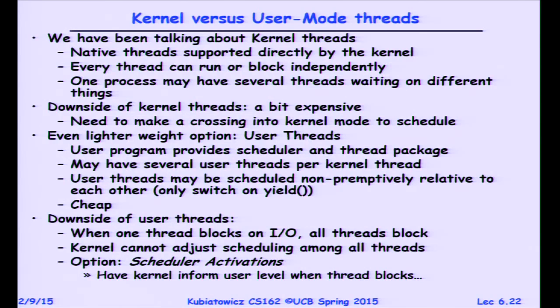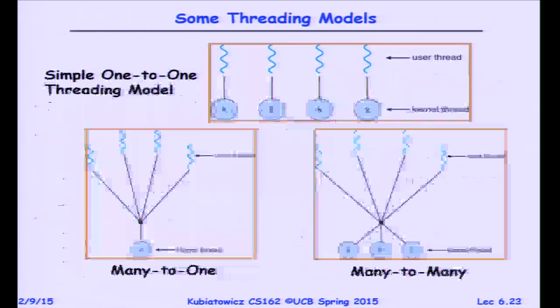That's called a scheduler activation because you're activating the user-level scheduler based on the kernel knowing that the other thread was going to go to sleep. There's a lot of work that was done on scheduler activations to integrate with user-level threads. You should look that up. It's probably worth looking up.